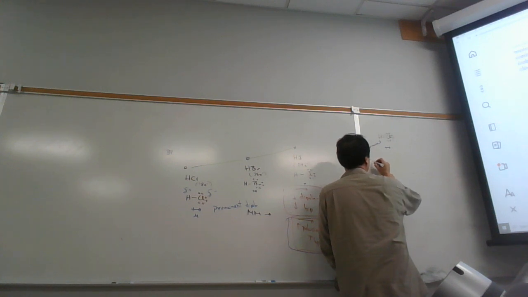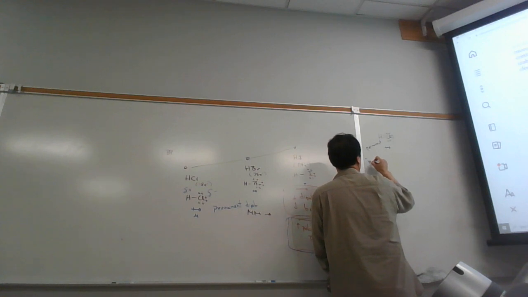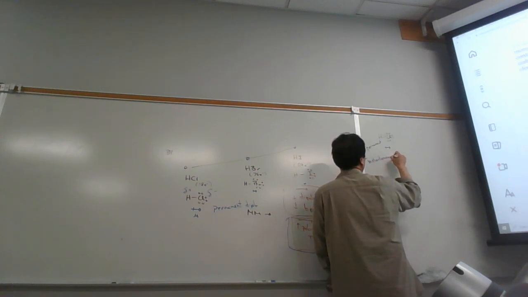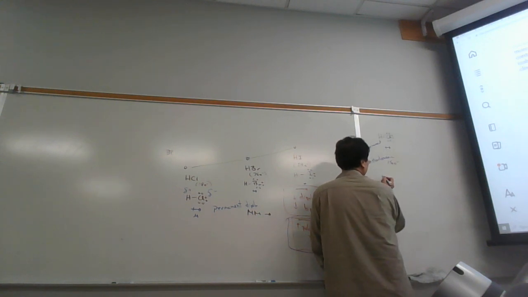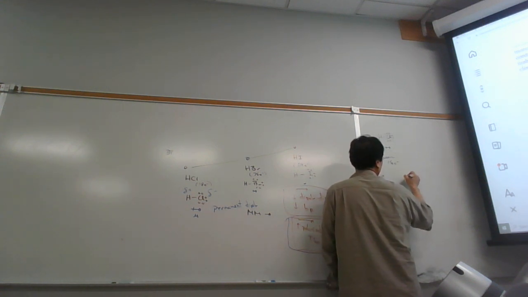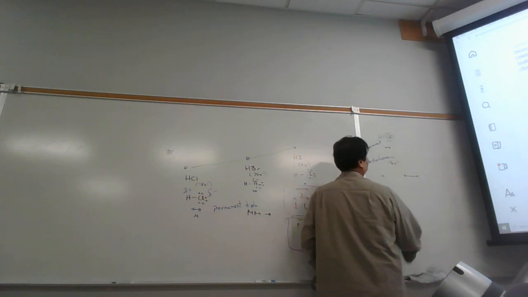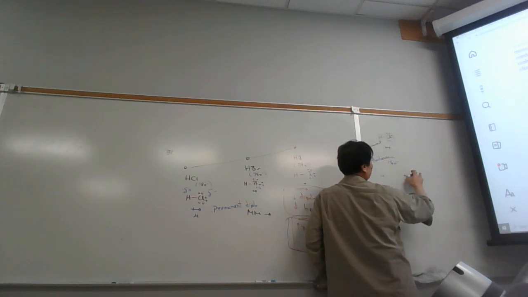If we compare that to the instantaneous dipole, based on a total of 18 electrons, we're going to say it could be very small or much bigger. So if all electrons go to one side, let's say these two bonding electrons go to the opposite side of the chlorine, we're going to get a bigger one.